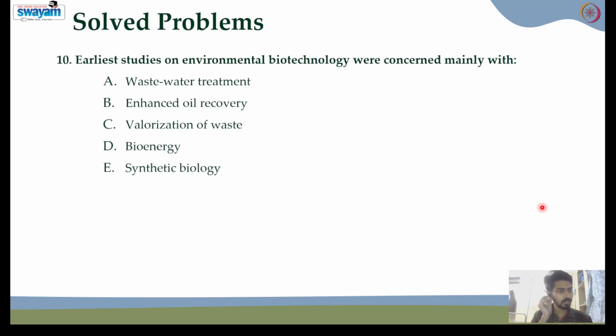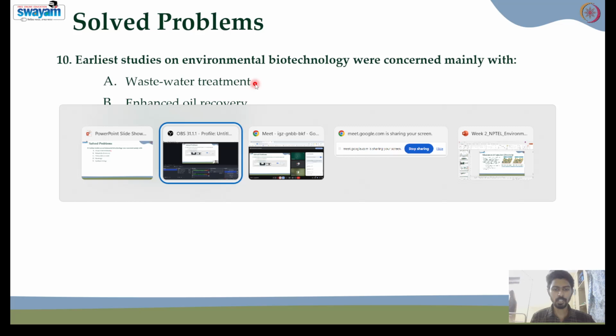So the last MCQ: the earlier studies on environmental biotechnology were mainly concerned with wastewater treatment, enhanced oil recovery, valorization of waste, bioenergy, or synthetic biology. So which focuses on earlier studies on environmental biotechnology?